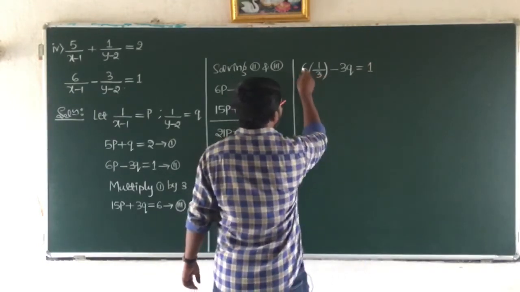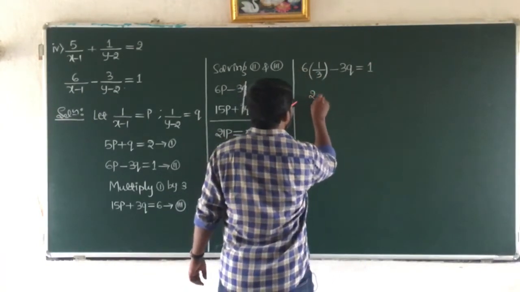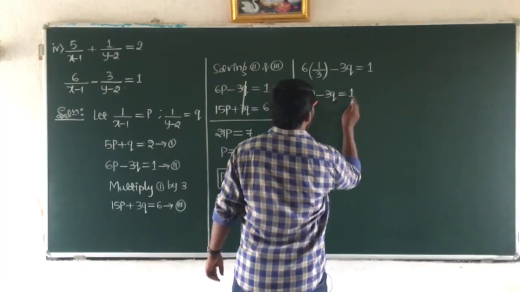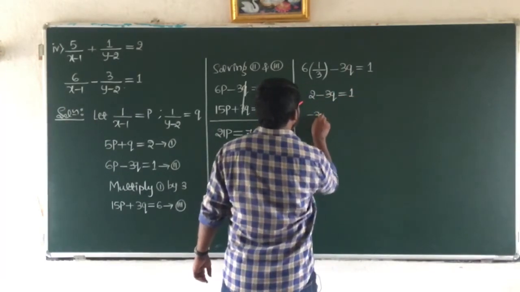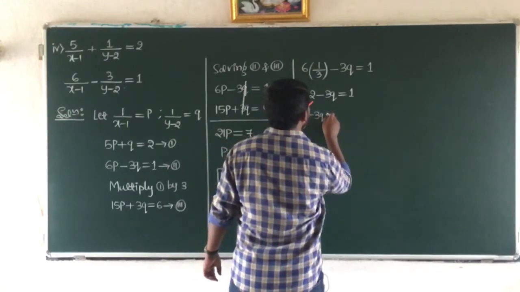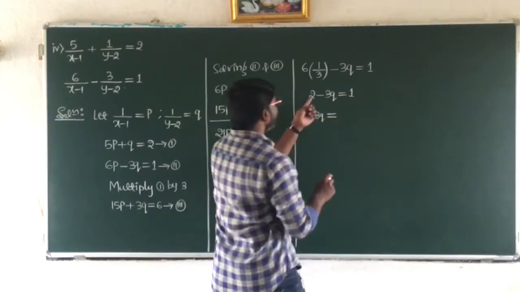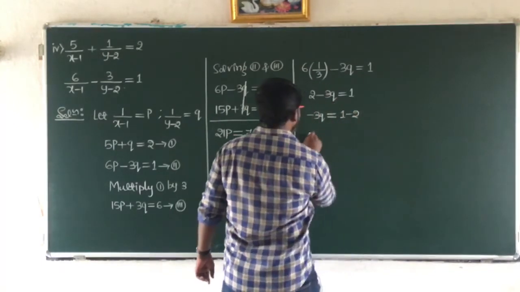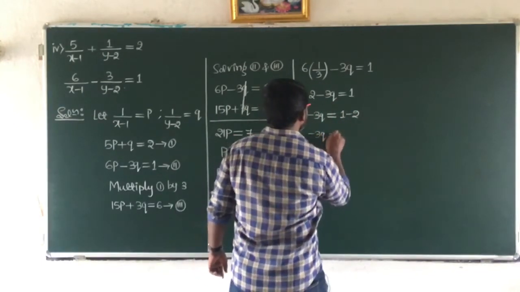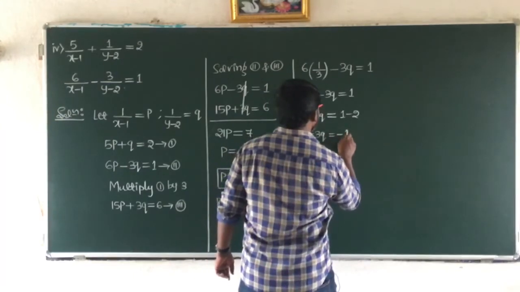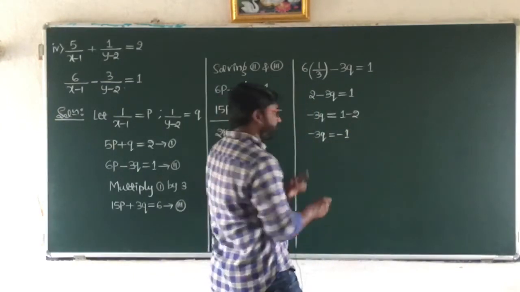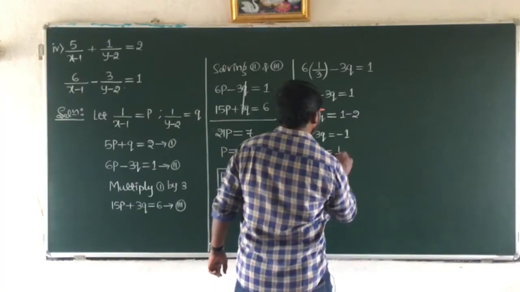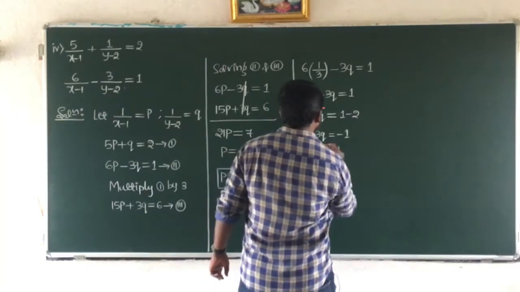Now, 3 2s are 6, we get 2 here, minus 3q which is equal to 1. Now take 2 to the RHS, it becomes minus 2, 1 minus 2. So, minus 3q is equal to minus 1, minus and minus cancel, q is equal to 1 divided by 3. So, this is the value of q.